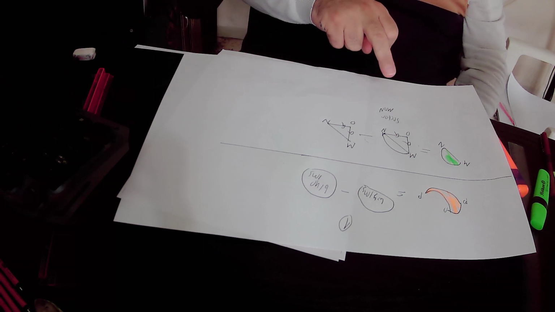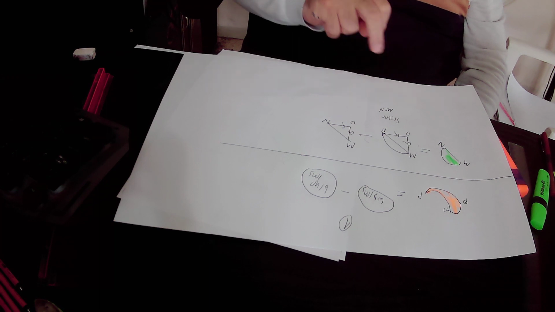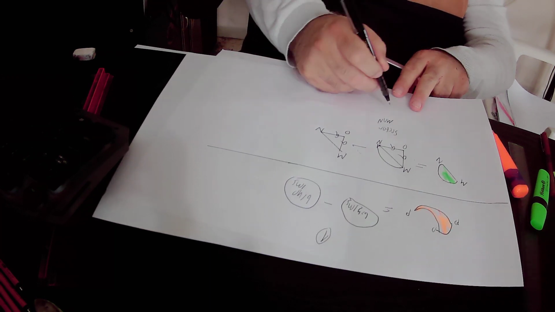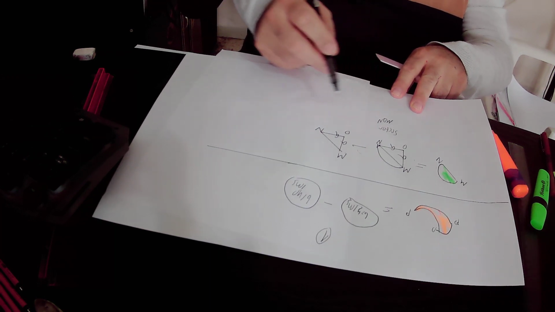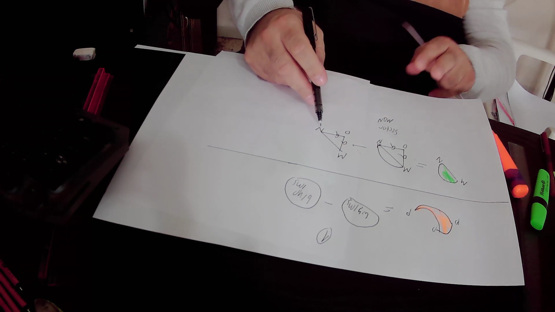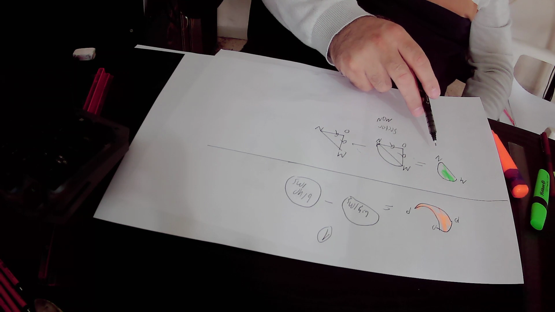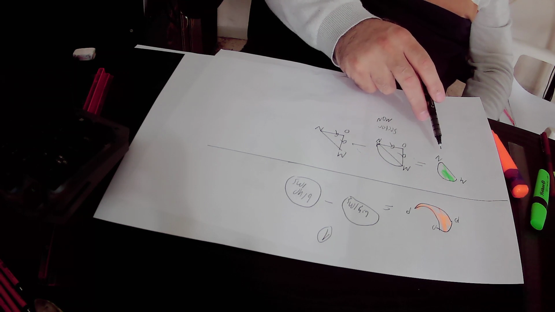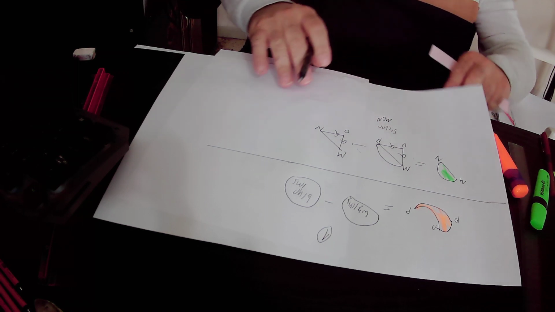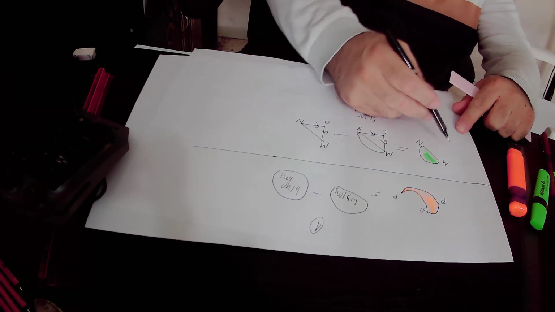Okay, the area of sector MON minus the area of triangle MON will give us the area of the green circular segment MN.